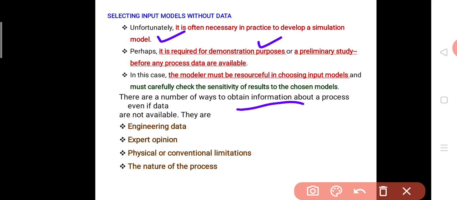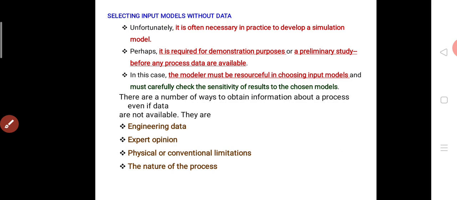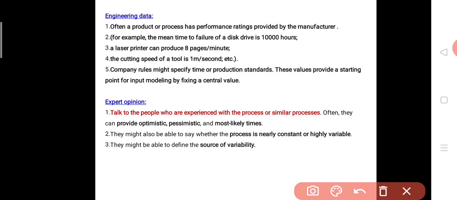They are engineering data, expert opinion, physical or conventional limitations, and the nature of the process. So, these are the four ways by which a modeler can obtain data for the process. Let us discuss them one by one.